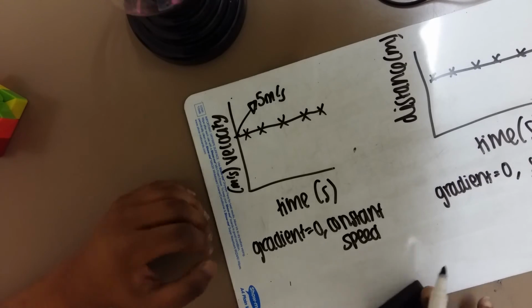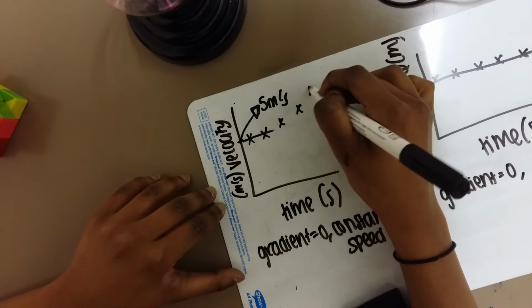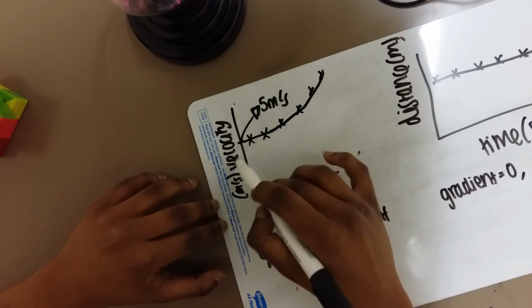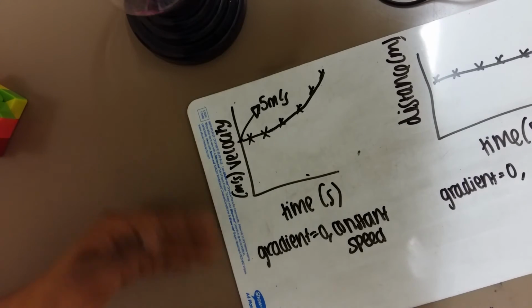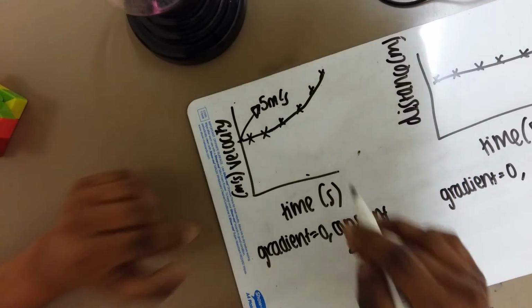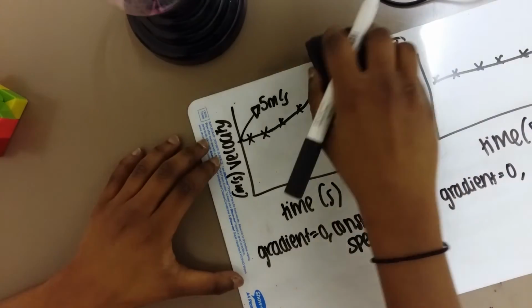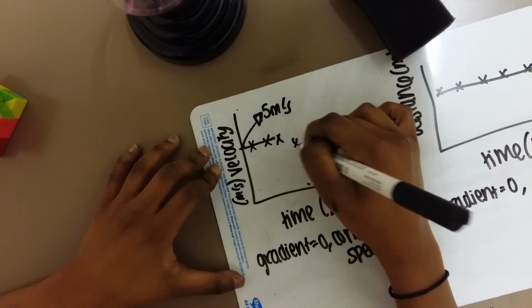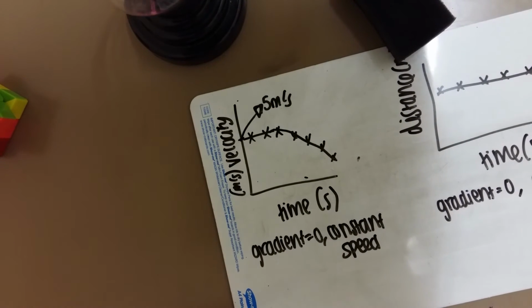If the velocity increases as time goes on, so let's say this gets higher and higher, then that means the car has higher values for its velocity as time goes on, so therefore it must be accelerating. So this shows that it is accelerating. If the values for the velocity were decreasing over time, then it would be decelerating. It would be slowing down.